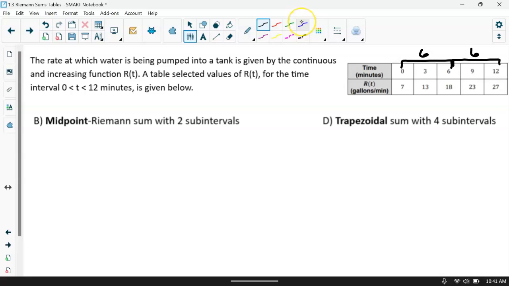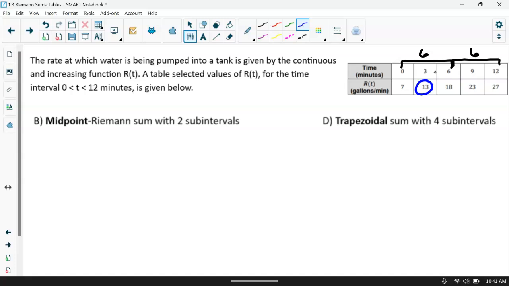Here, remember, the width is 6, but then times the midpoint. Well, notice, do we have the midpoint? Absolutely. The middle of the first subinterval is 13, right here. So remember, we always use the y value; that was your height.